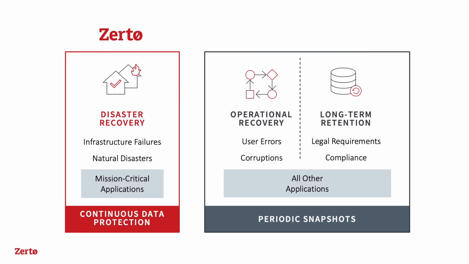And organizations were using Zerto and having continuous data protection and having the best RPOs and orchestration and automation for DR, but still using periodic snapshots and legacy backup for both operational recovery and long-term retention use cases. Now, what we did was something completely different.